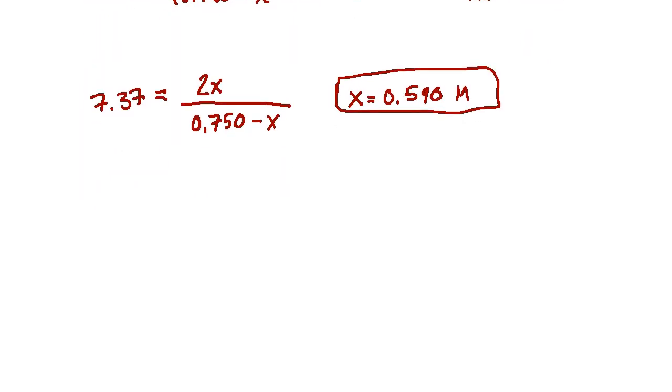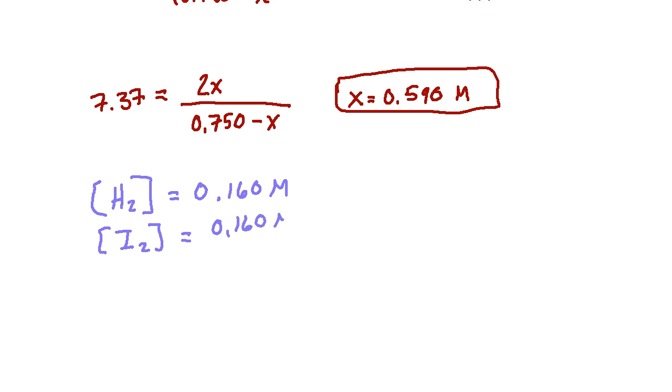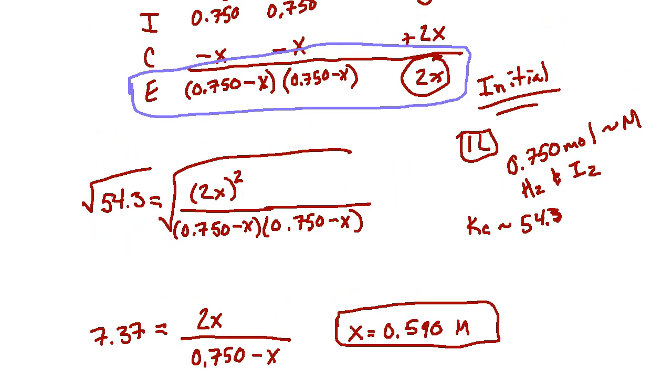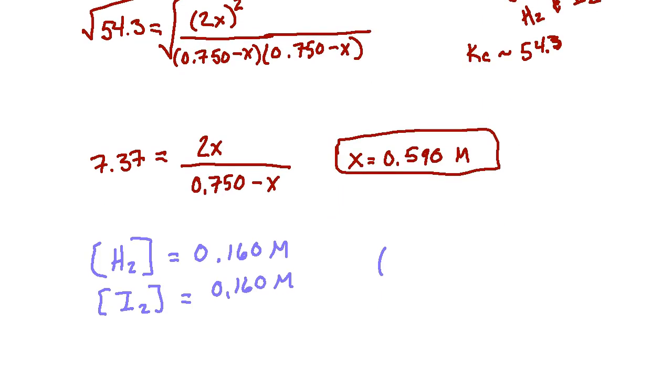So for H2, right? H2 concentration at equilibrium is going to be 0.160 molarity. Okay, that means that I2 would also be the same. All right, now where is this number coming from? Well, all I had to do was turn around and say at equilibrium, H2 and I2 are going to be 0.750 minus x.